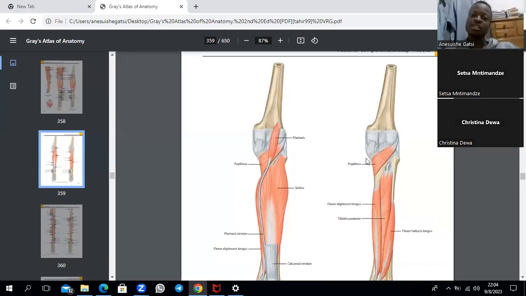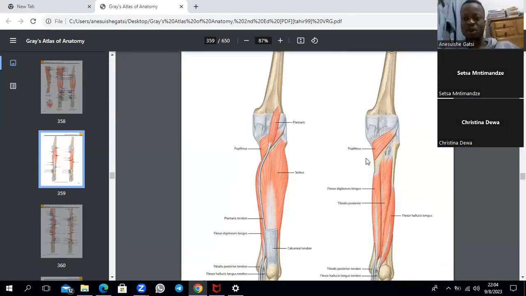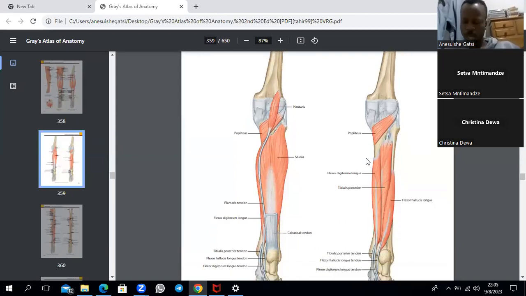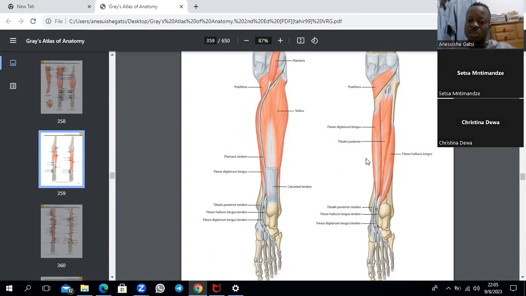Then the flexor hallucis longus and the flexor digitorum longus. These ones I would describe with the ankle. The two of them have a unique mechanism in that they both start on the wrong side. By wrong side, I mean, can you see where the thumb is?